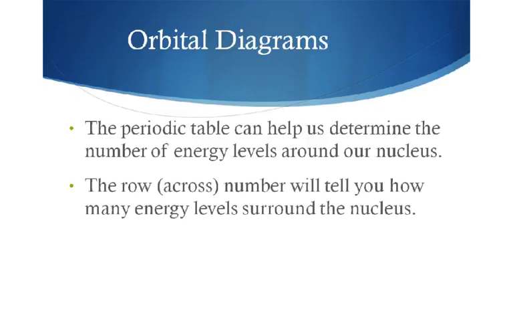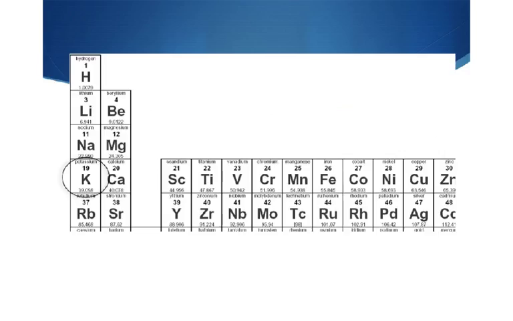The periodic table can help us determine the number of energy levels around our nucleus. Just as how we determine the valence electrons by columns, the row can tell us how many energy levels surround the nucleus. So for example, if we look at this little chunk of the periodic table, this is the first row, row 1. So it has 1 energy level.